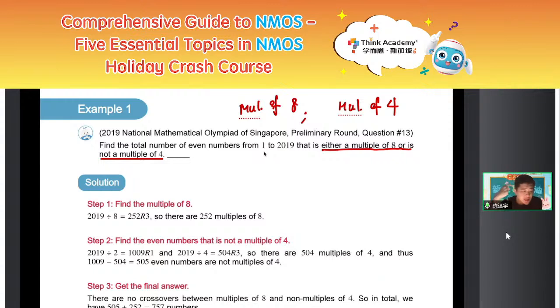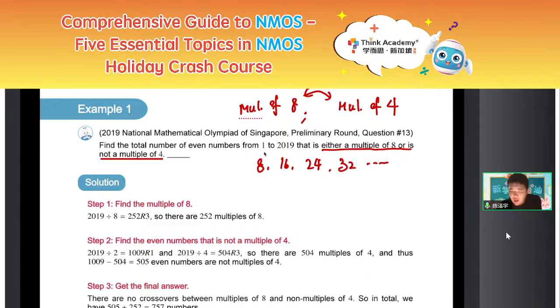Actually these 2 groups are very closely related. How are they related? What do we know about the multiples of 8? Let's write down some examples: 8, 16, 24, 32. Yes, very good.